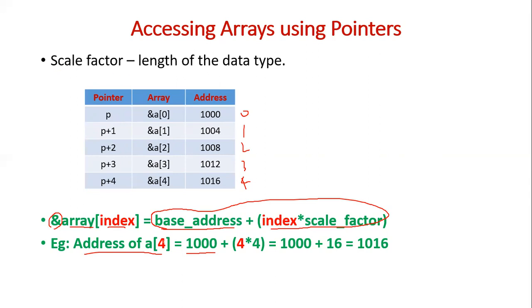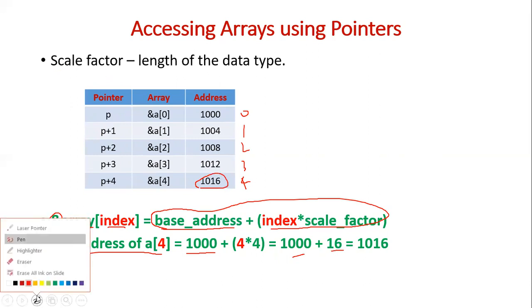It's an integer pointer, so the scale factor is 4. So 1000 plus 4 into 4 is 16, so 1000 plus 16 is 1016. This is how we access the address of an array using pointers.